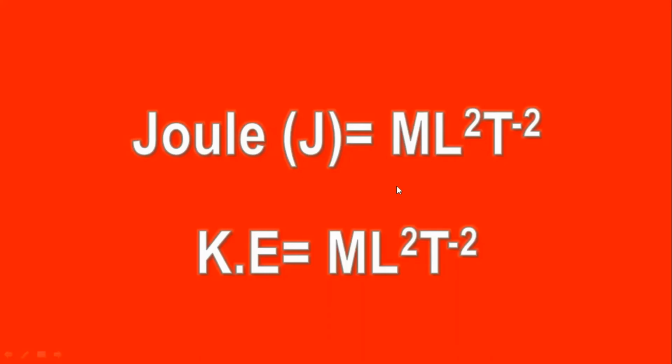Force times the displacement L, and T has the definition of acceleration. So that's why kinetic energy is M for mass, L squared, and T to the power minus 2. So from here we can say the left hand side is equal to the right hand side.